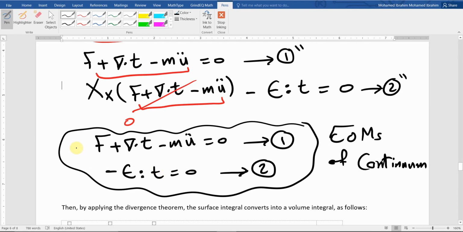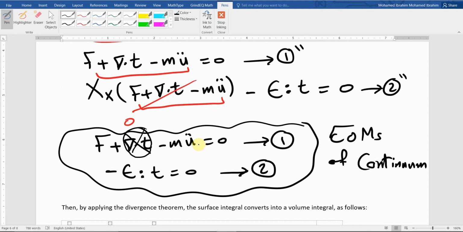But this is for a continuum that can deform because of this stress tensor field. For example, in the dynamics class, the term nabla dot t was excluded from the equation of motion. That's why in the dynamics class we said that the force should equal the mass times u double dot, which is the mass times the acceleration. Because in the dynamics class, you studied rigid body motion.